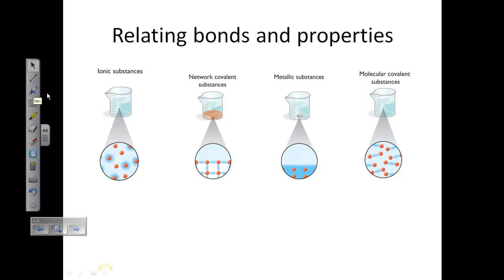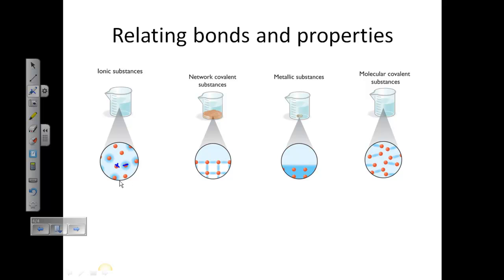Let's look at why these different materials have the properties that they do. So if you start looking at the atomic level, you can see what's really going on. For example, the blue clouds here represent the electrons on all of these models. So this, where the outer shell has a lot of electrons, would be the negative anions in the ionic compound, and these are positive metal cations. And so we can begin to see that ionic substances, when you put them in water, you have freely flowing charges.